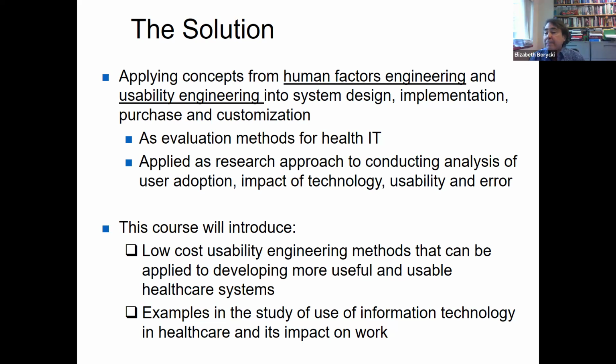It's still the same. And also as applied research for conducting studies of user adoption, impact of technology, usability, and error. So the methods I'll talk about today have a double edge. They can be used for research projects, for masters or PhDs, but they can also be used practically in hospitals, for implementers and designers and companies.